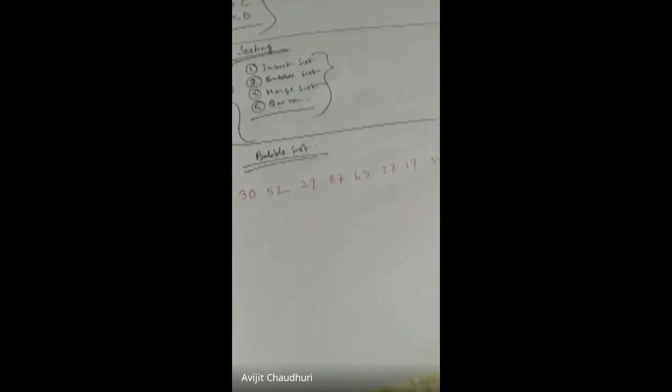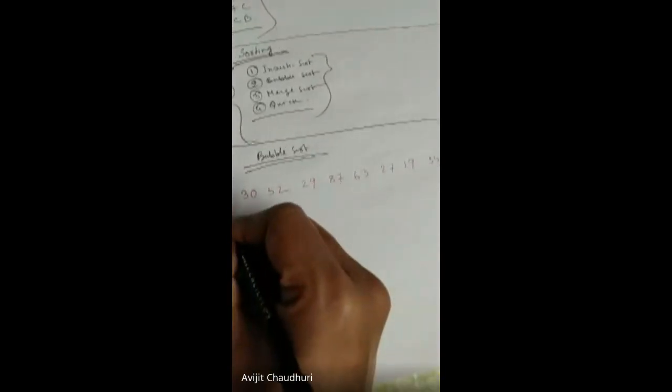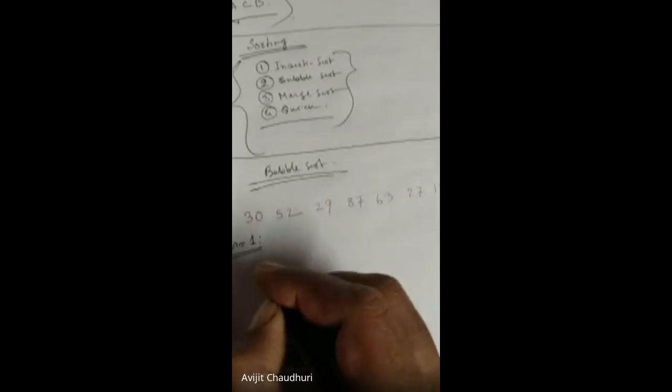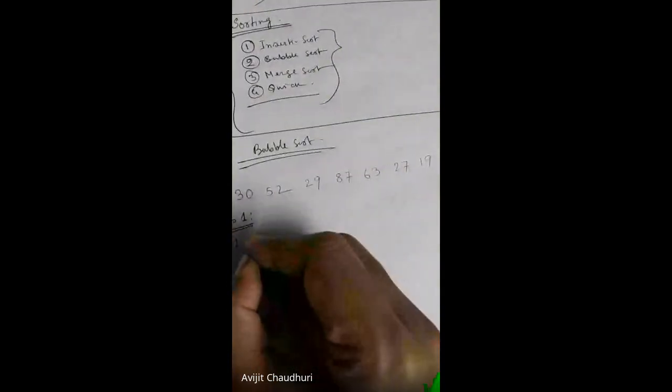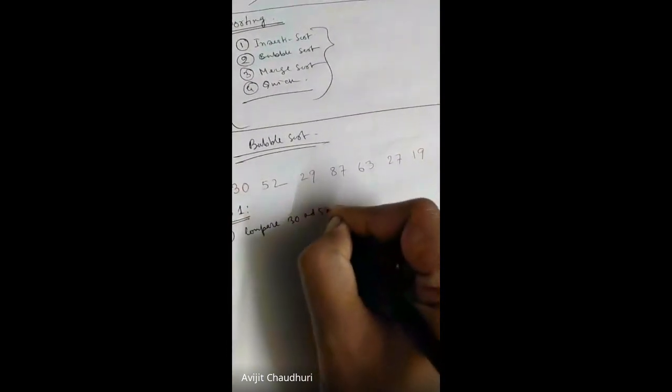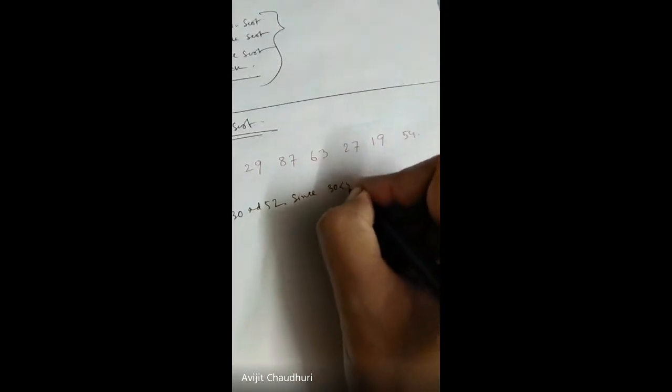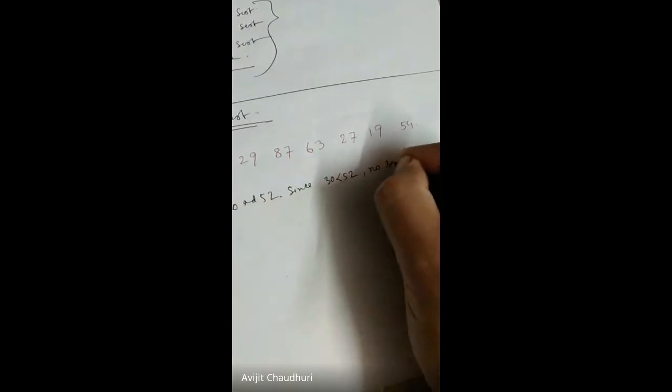Suppose we have these elements. What will be the situation after the first pass? What will be the steps? Step A, compare 30 and 52. Since 30 is less than 52, no swapping. Am I clear?